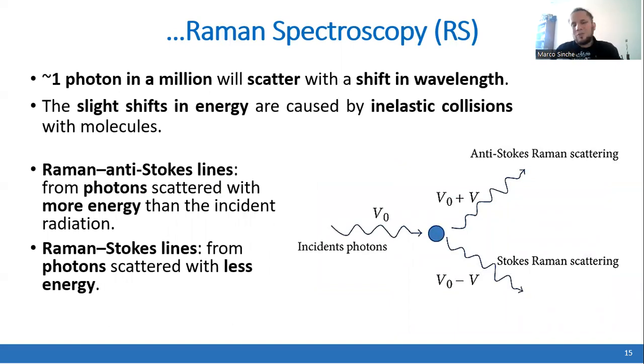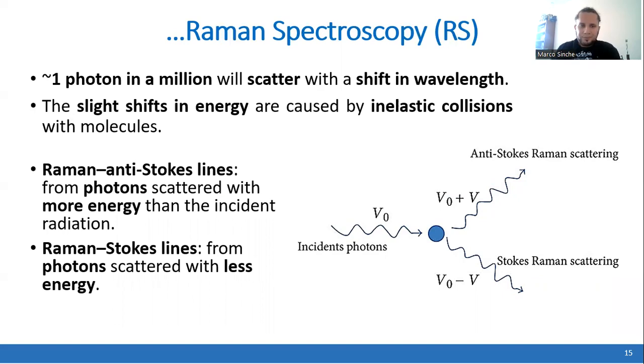About 1 photon in a million will scatter with this shift in wavelength. So if there is a shift in wavelength, there will also be a shift in the energy. So this is what is measured. And it is due to inelastic collisions of the photons with the molecules.